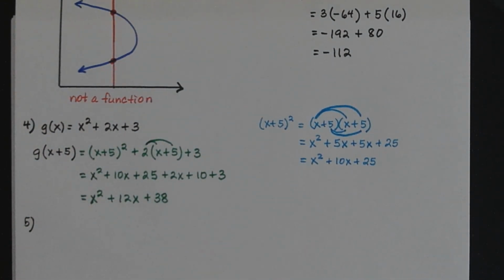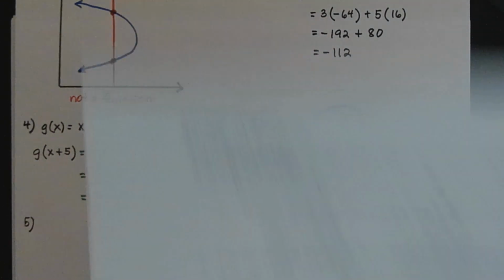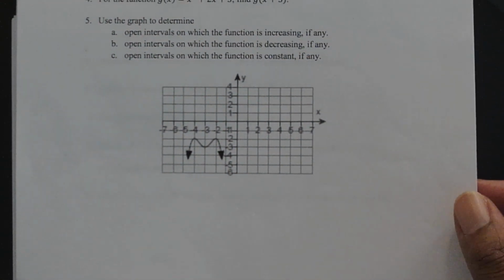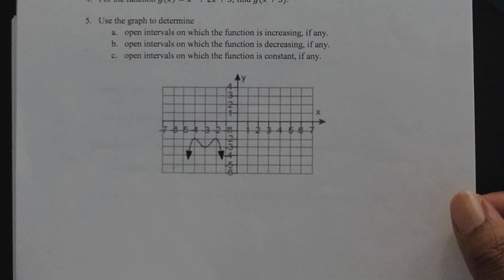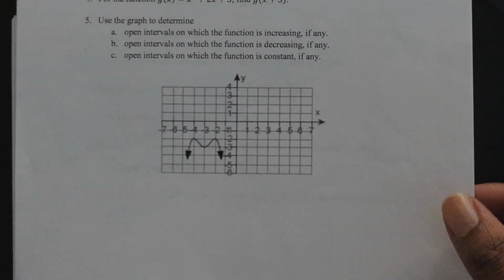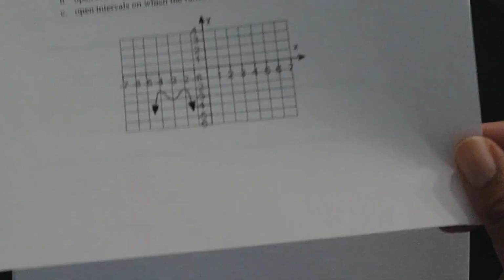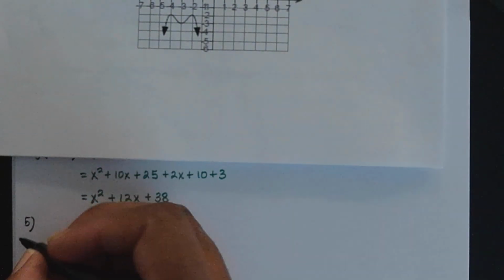Now, problem number 5, here we have this graph of a function. We're going to use that graph to determine the open intervals on which the function is increasing, if any, the open intervals on which the function is decreasing, if any, and the open intervals on which the function is constant, if any. So there are 3 parts here.